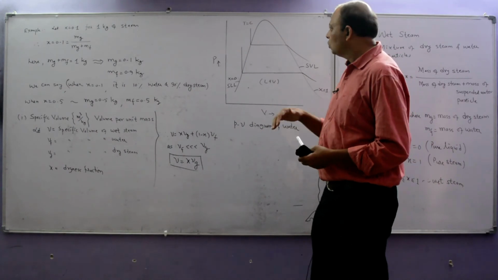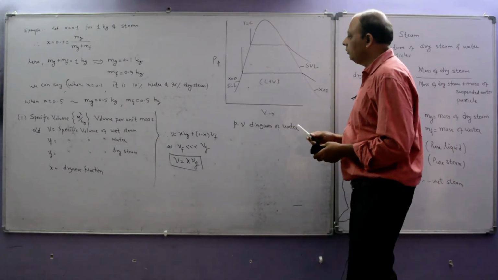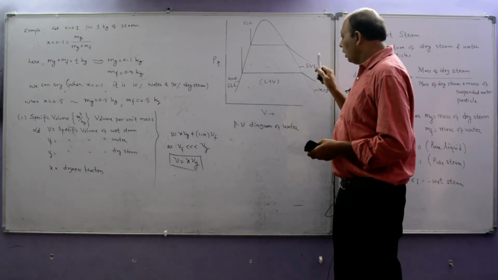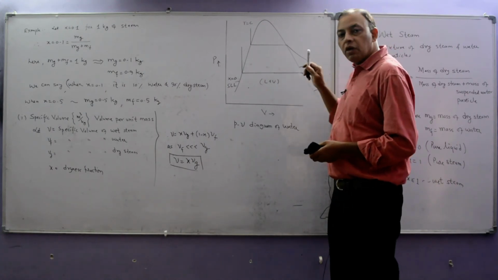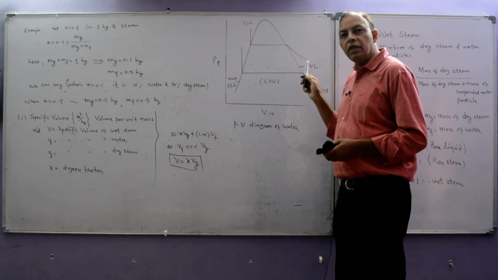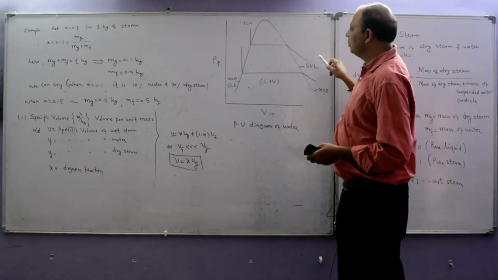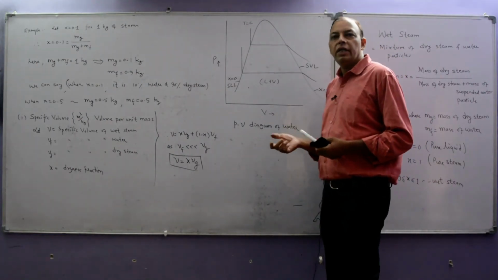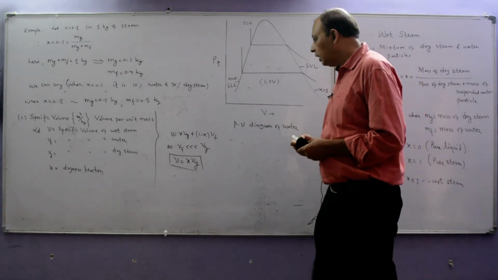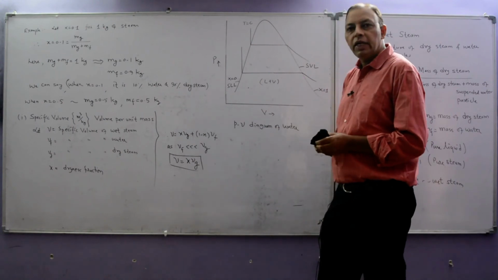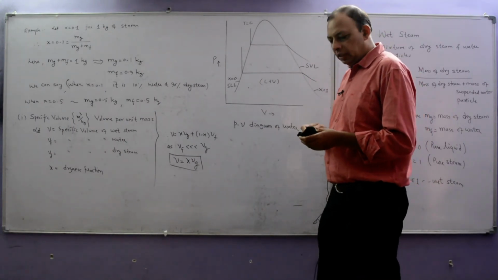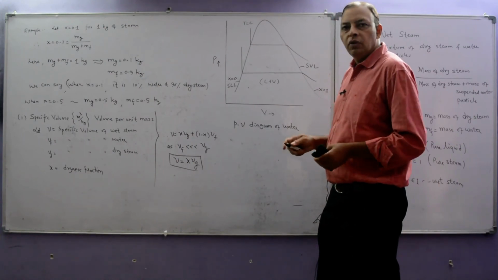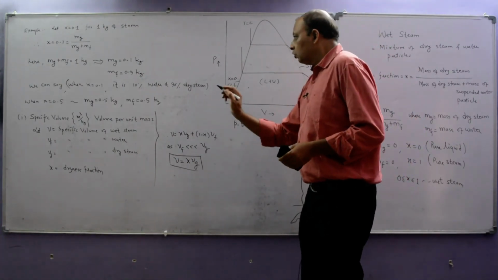Now come to the superheated part. This is the saturated liquid line, saturated vapor line. After the saturated vapor line, when the steam is further heated, this part of the steam is known as superheated steam, and superheating is done at constant pressure. So with the help of this equation, we can calculate the specific volume of superheated steam.